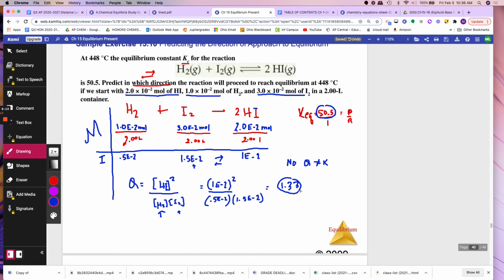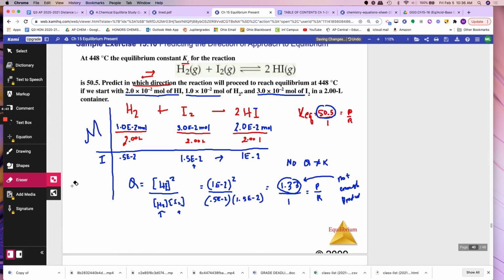This is a ratio over 1 of products over reactants. As you can see, I don't have enough products, because the ratio of products is 1.33 to 1. Therefore, if I don't have enough products, this reaction will go to the right.